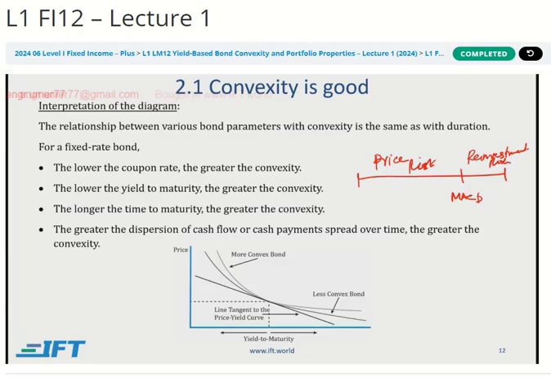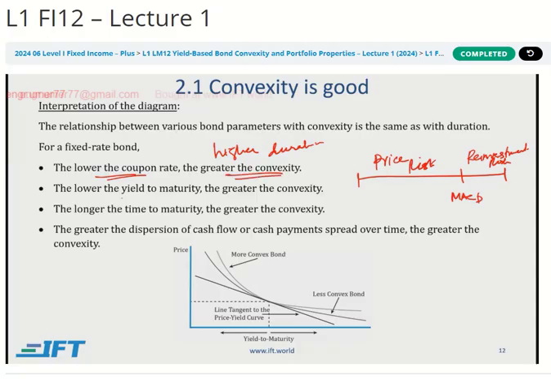And the sooner the MacD would happen if you had a lot of nice coupons coming early in the life, because if you had large coupons coming in, then higher interest rates would actually increase your reinvestment income. But the fewer coupons that you have and the more your money is stuck for the long run, the more price risk you have. So lower coupon rate means higher price risk, which means higher duration. It means higher duration, which also means higher convexity, right?